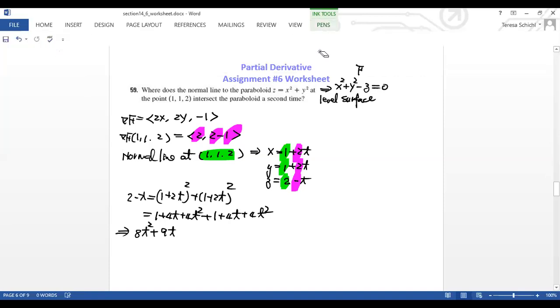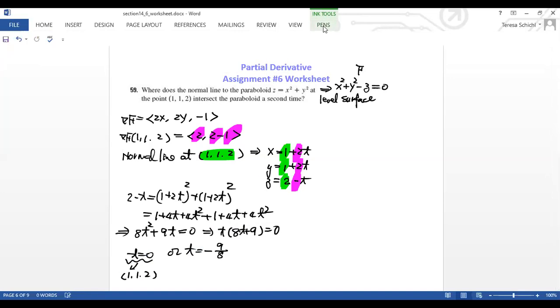The 2s cancel, right? So this will be equal to 0, and then I have 8t squared plus 9t equal to 0. So t equals 0 or t equals negative 9 over 8. When t equals 0, that's the point (1, 1, 2).